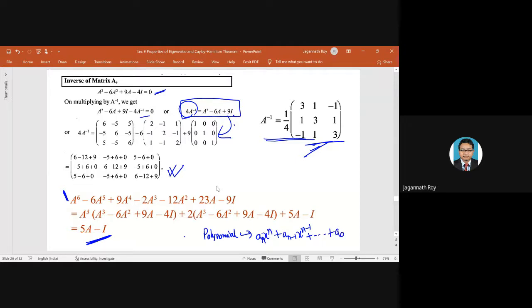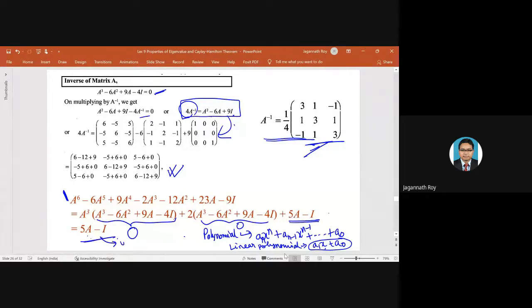So for linear polynomial, we will have only a_1 x plus a_0. Now this linear polynomial is a polynomial in x. Now polynomial in A, that means we will have of this form. Because if you look at the other part, by Cayley-Hamilton theorem, this is 0. Again, this part is 0 by Cayley-Hamilton theorem. So we'll have only this part remaining.